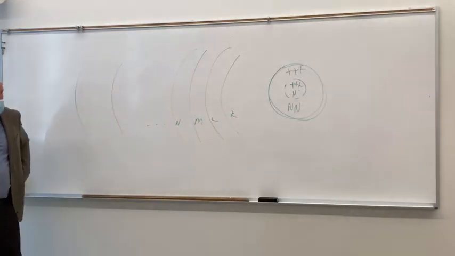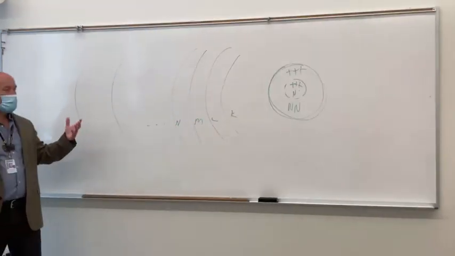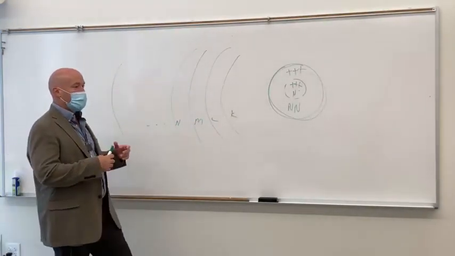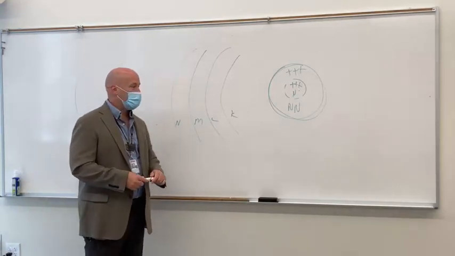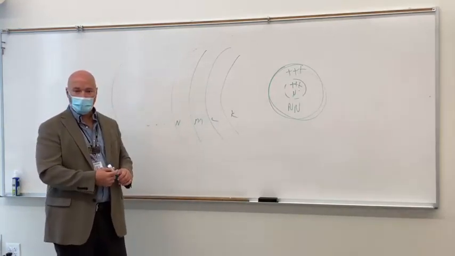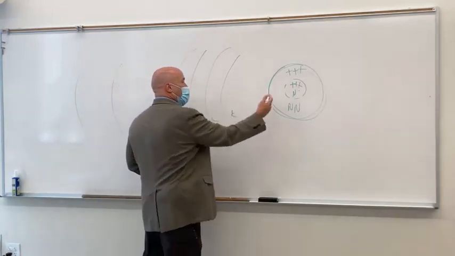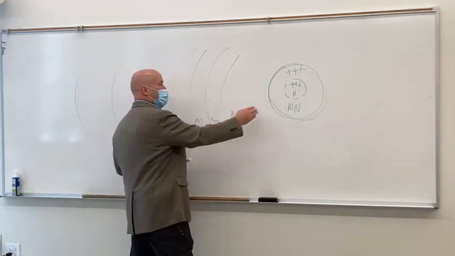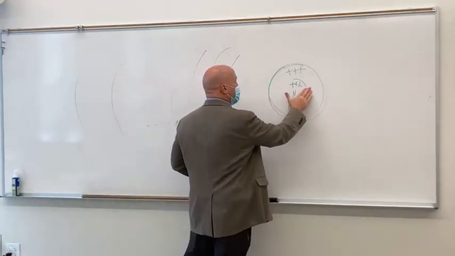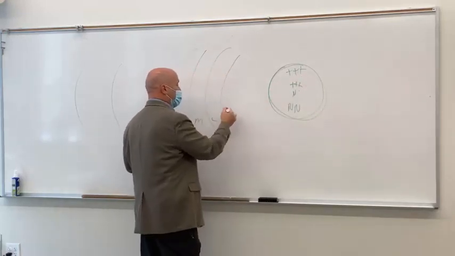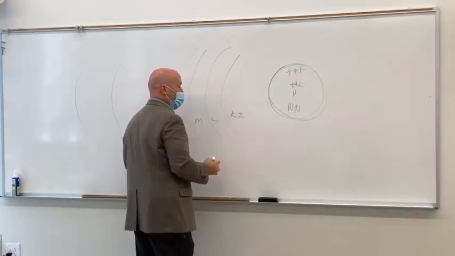So, the number of electrons that we can have in each shell is going to be determined by a couple of different things. Where the shell is, right? So we got the K shell being closest to the nucleus of the atom. What we've got is a maximum capacity in the K shell of 2.